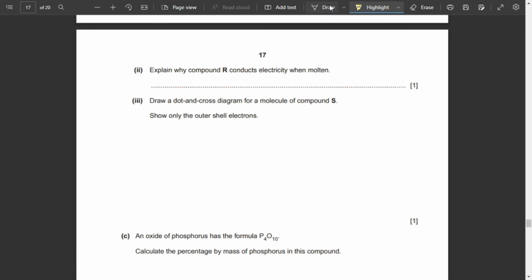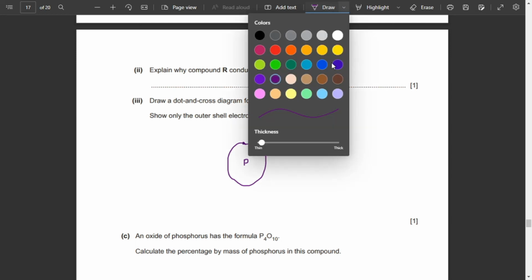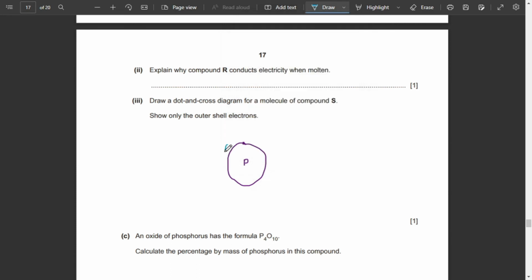I'd suggest let's draw it, because I'm sure it will be difficult to understand. So this is considered as phosphorus. Or hold on, I think we can just erase it, and let's use this. So we have 1 hydrogen here, we have the other hydrogen here.